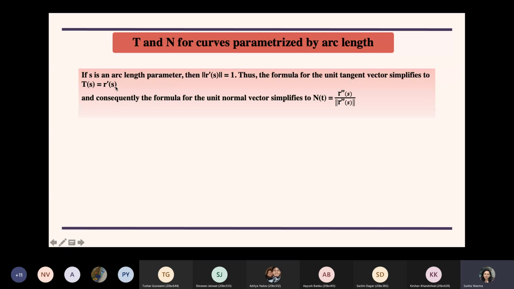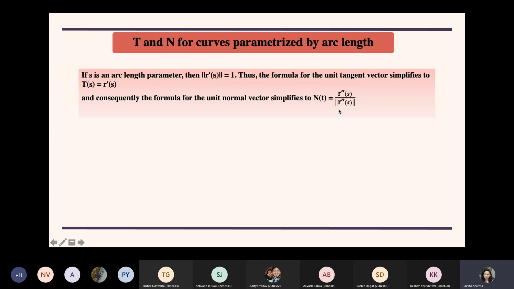And then for a particular s, just put that value and you will get it. And the formula for the unit normal: the unit normal vector is the derivative of T, so that will be the second derivative of r, r double dash, divided by its norm, so the norm of r double dash s. So these are the expressions for the unit tangent and unit normal vectors.